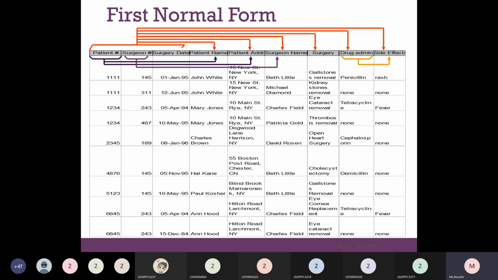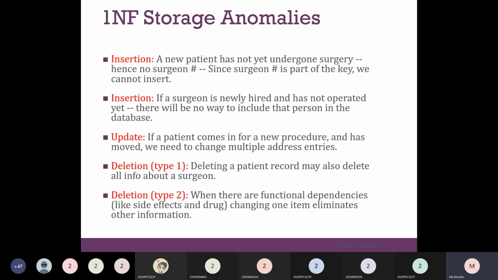So is there any problem? Yes, the first normal form gives rise to anomalies. I cannot insert a new patient who has not yet undergone a surgery. Until the patient has undergone a surgery, I cannot enter the patient information into the table.